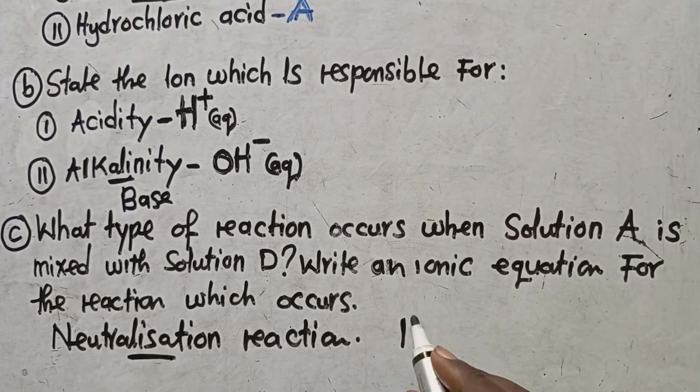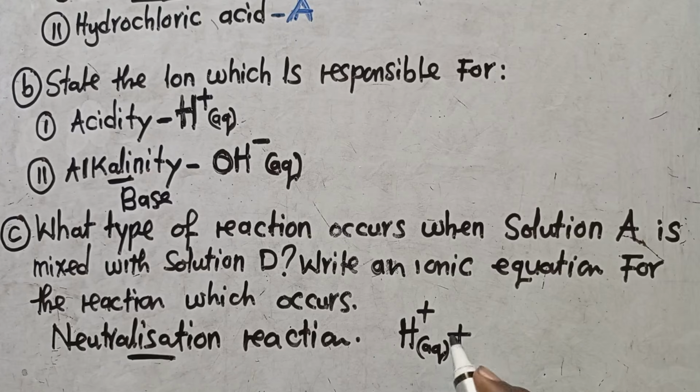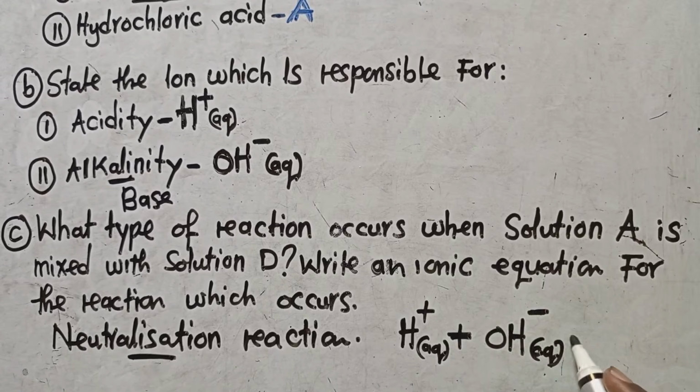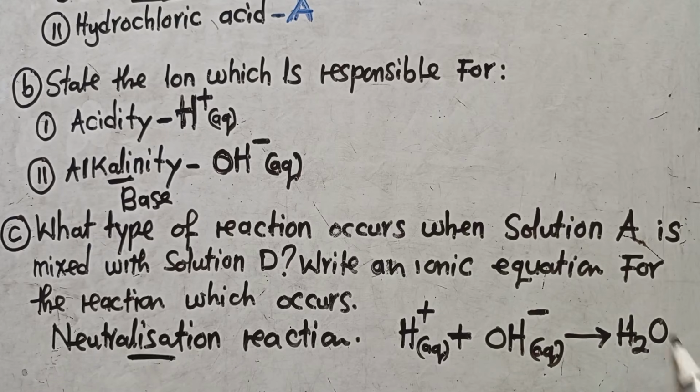This one is just H+ in aqueous, plus OH- in aqueous, producing water, which is a liquid. So this is what you need to understand. This one is what we are calling an ionic equation. In an ionic equation, we get to include the charges. So this is what you need to understand.